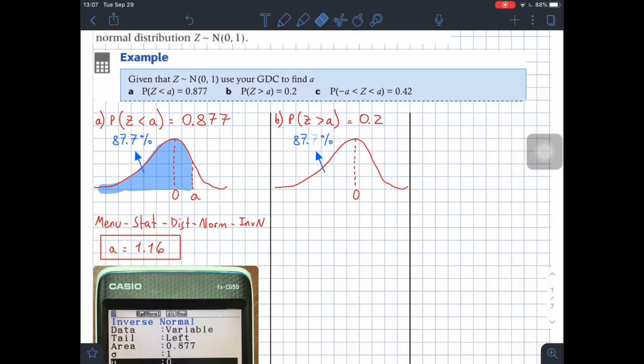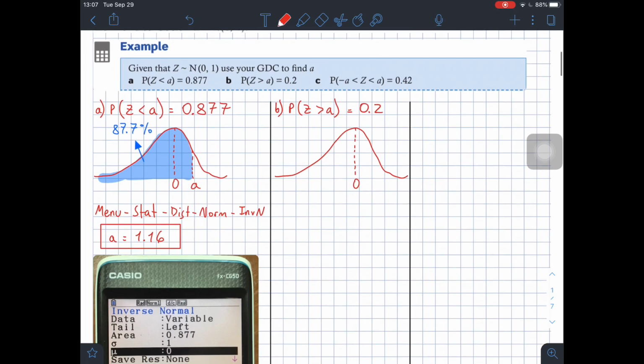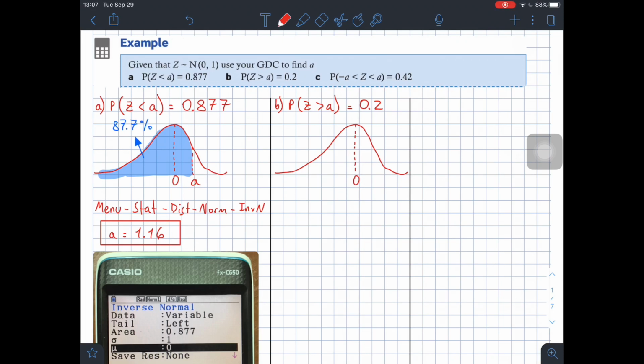There. So we're going to say that now we want to look for a value A where C is greater than that value and the probability is 0.2. So if C should be greater than a value A, which produces a probability of 20%, you should also recognize that the value of A should be somewhere to the right. Why?